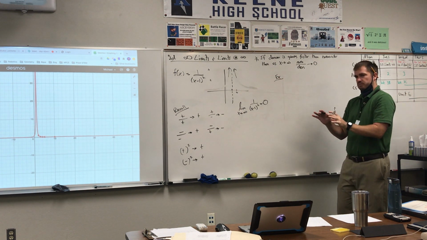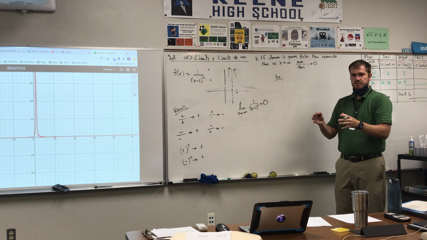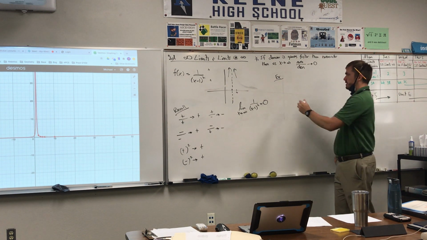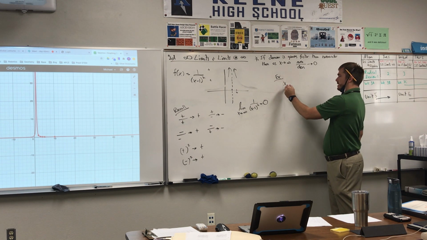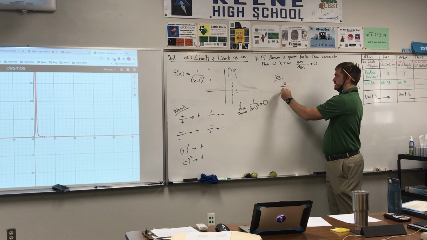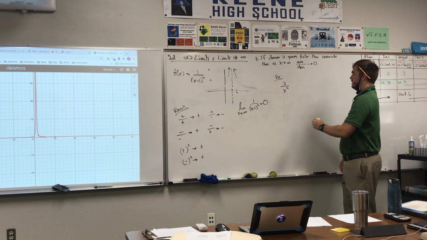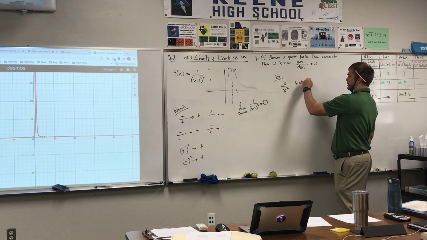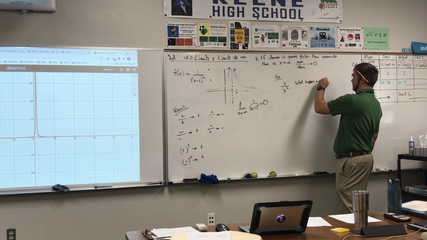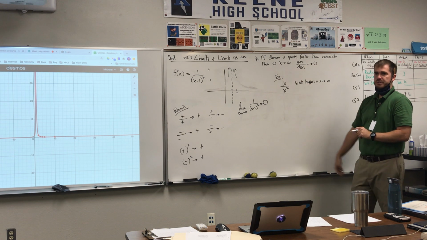I'm going to show you what happens if the numerator is x, and the denominator is x squared. Let's see what happens as x approaches infinity. What happens to this ratio, okay?